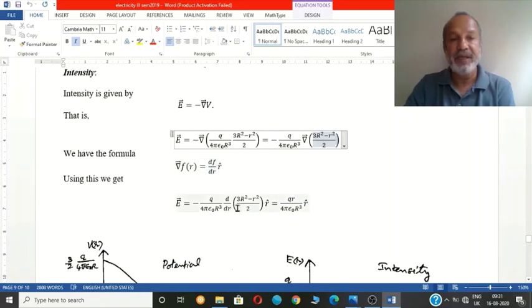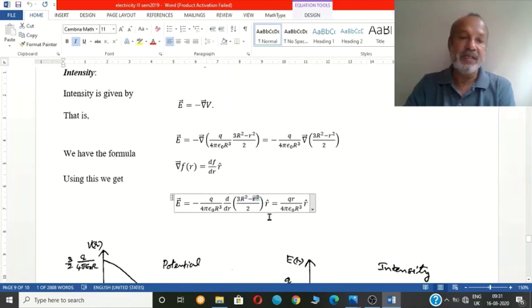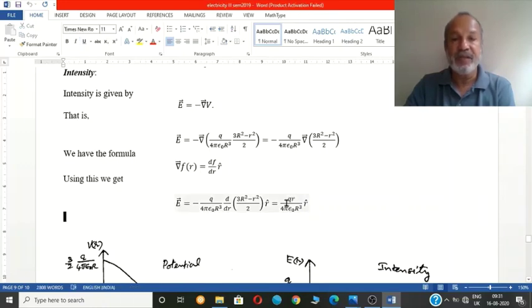So you simply take df by dr: the derivative of 3r square will be 0, and the derivative of minus r square will be minus 2r. So minus minus will cancel, and you will get Qr by 4 pi epsilon 0 R cubed into r cap. So intensity is proportional to r. Actually, from Gauss's theorem also we get a similar relation. You can verify that by referring to the previous notes.